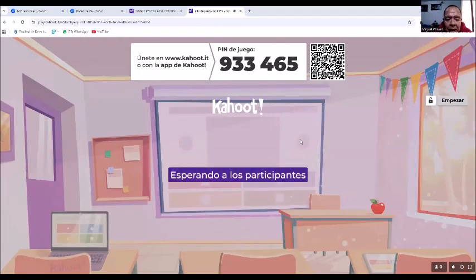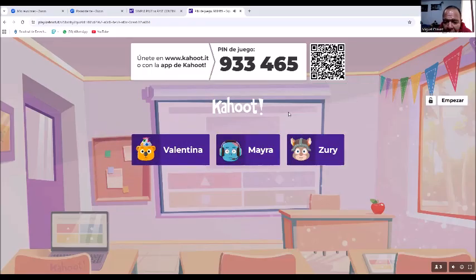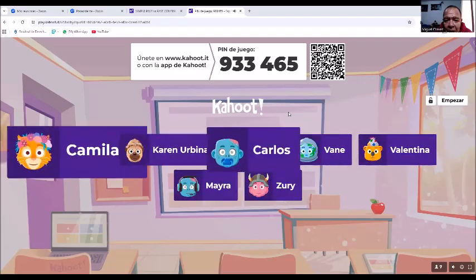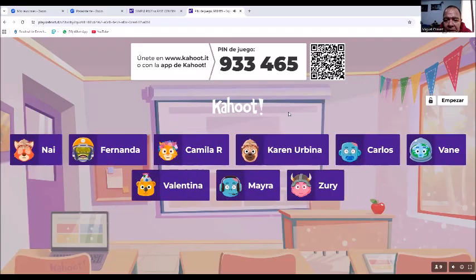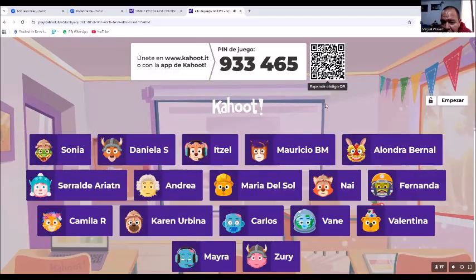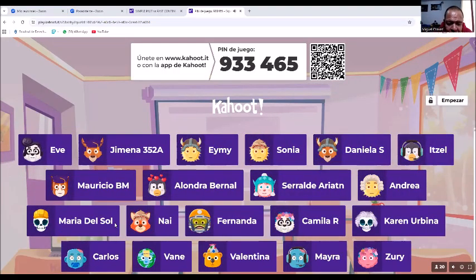Okay, the pin for the Kahoot is 933465. Or scan the QR code, please. Thank you, Valentina, Mayra, Suri, thanks a lot. Pin for the Kahoot: 933465. Or there we have the QR code. Thanks all of you.